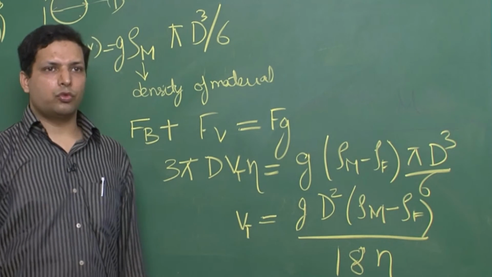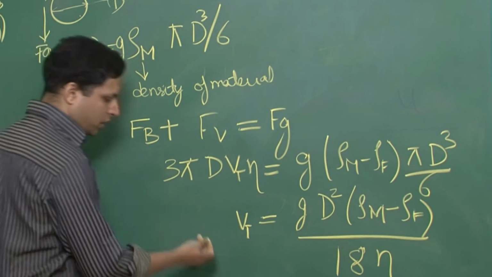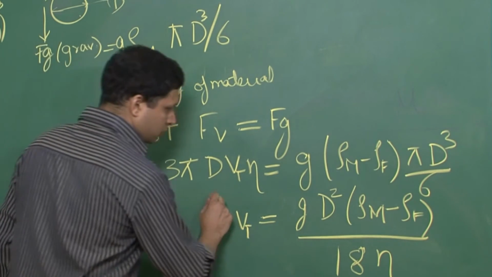So, the particle is moving inside this fluid at a terminal velocity and a uniform velocity, and this velocity is now not changing.